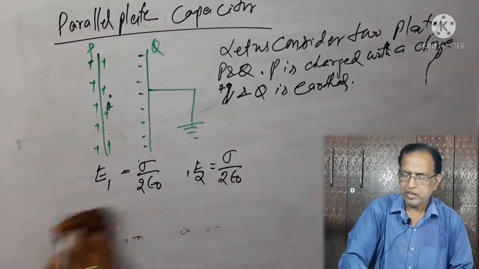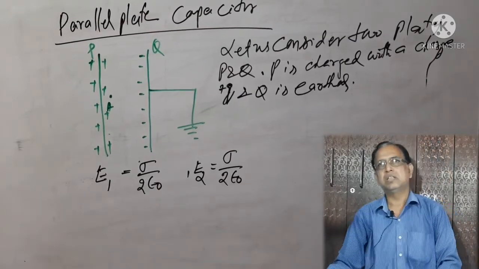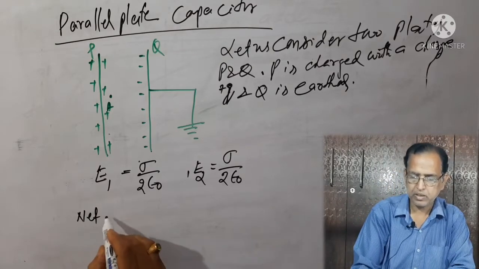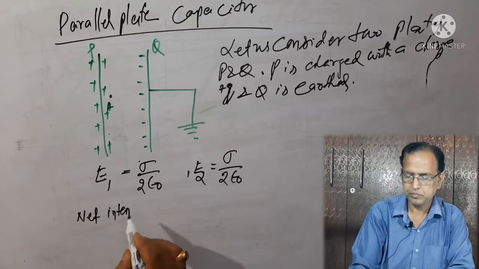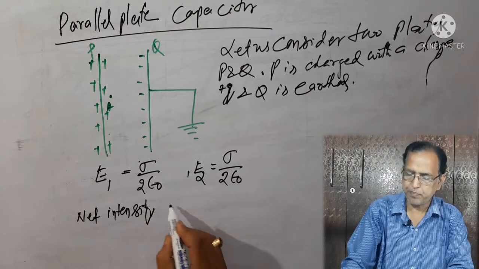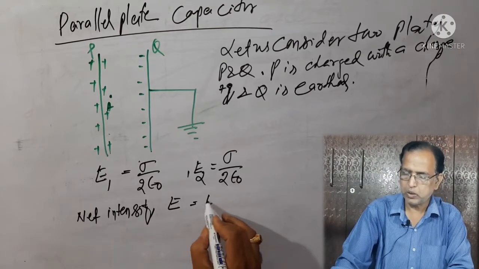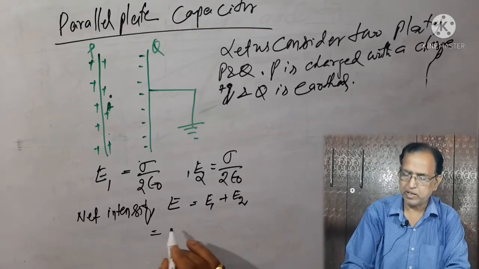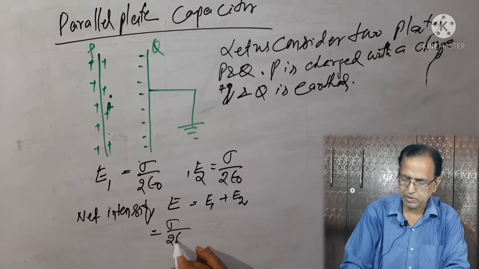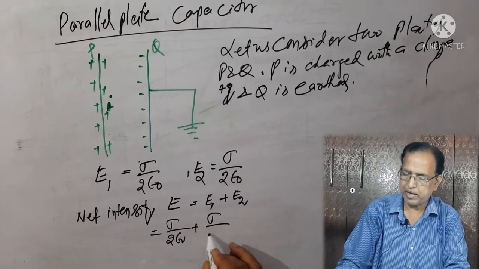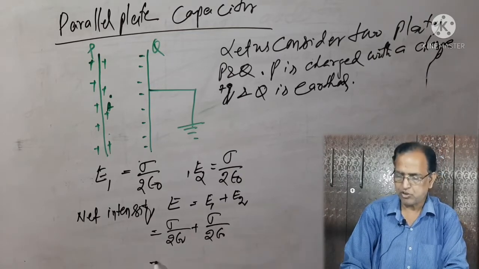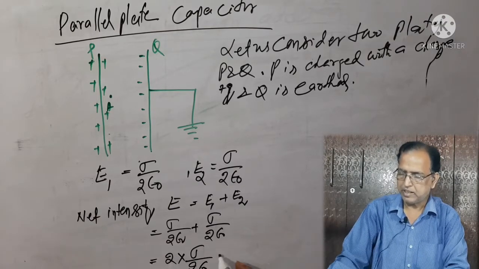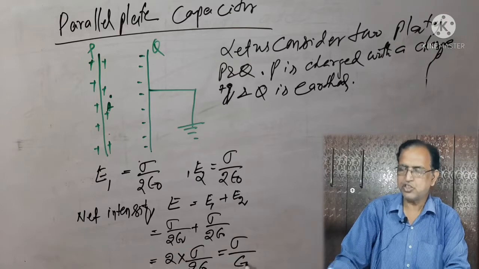Okay. Now, what is the net intensity? Net intensity E is equal to E1 plus E2. E1 is sigma by 2 epsilon 0, E2 also sigma by 2 epsilon 0, that is equal to 2 into sigma by 2 epsilon 0, that is sigma by epsilon 0.